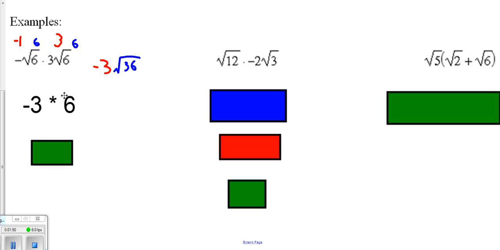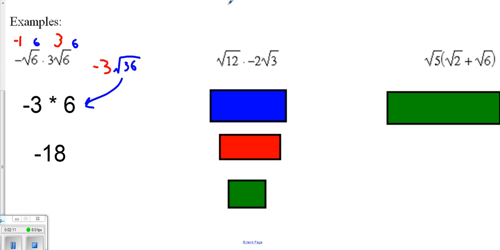Now the square root of 36 we can simplify down to 6. So that's where each of these pieces comes from. Negative 3 times 6 then. Now from there, negative 3 times 6 we know is negative 18. So that would be your final answer. This is the most simplified version of this expression.